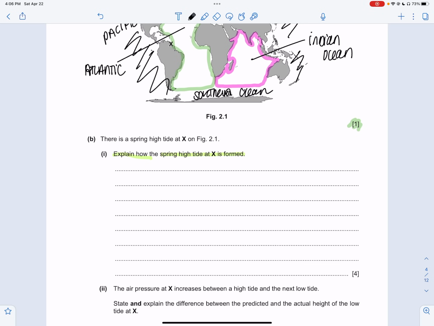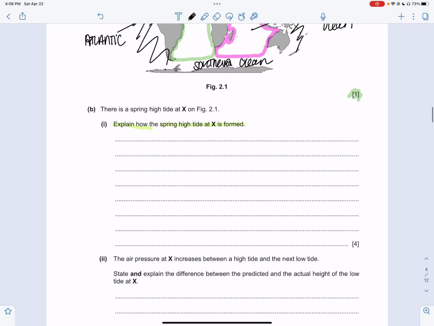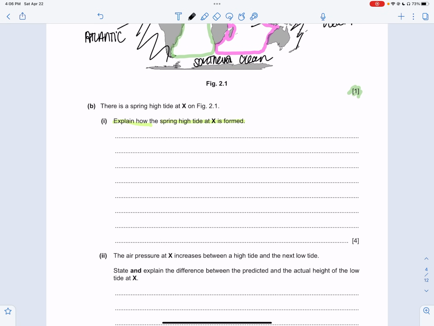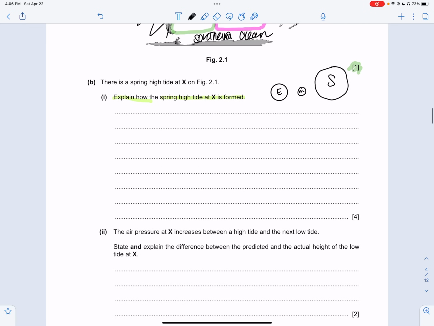So this is something you could use a diagram for, certainly. Earth, little baby moon, and a sun. And gravity is going to be pulling this way. And then we also have gravity pulling this way from the sun, so pulling Earth towards it.